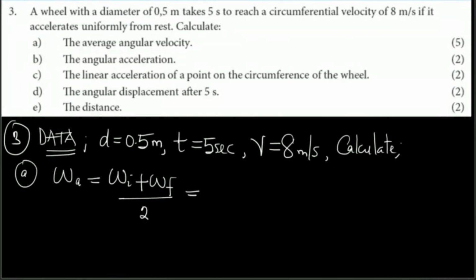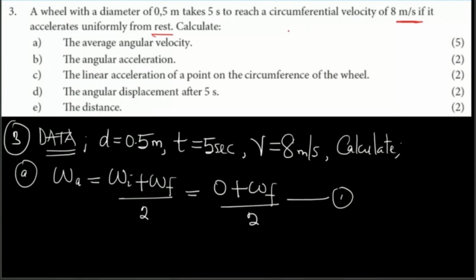We can establish that our initial velocity is 0 because they said it's from rest. So we can write this as 0 plus the final angular velocity, divided by 2. We need to determine the final angular velocity. We can determine that from the circumferential velocity, which is given.